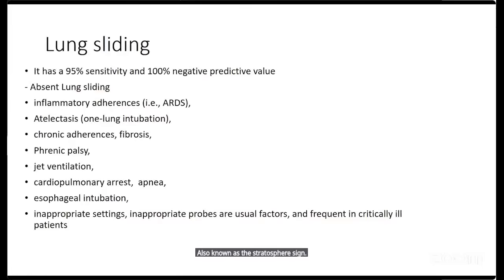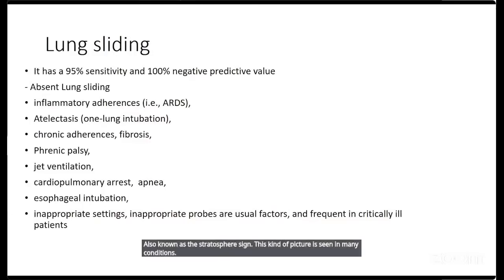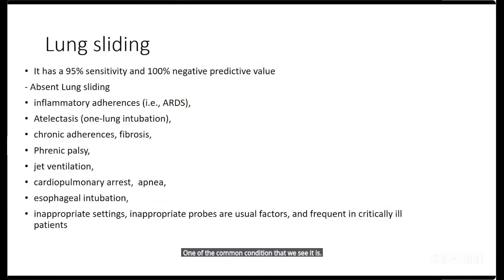This kind of picture is seen in many conditions. One of the common conditions that we see it in is pneumothorax. But your lung can be absent of sliding because there is no air moving in and out. That can happen in other cases also, like inflammatory adherences, like ARDS, or in cases of atelectasis, like major atelectasis, which can happen with one lung intubation.